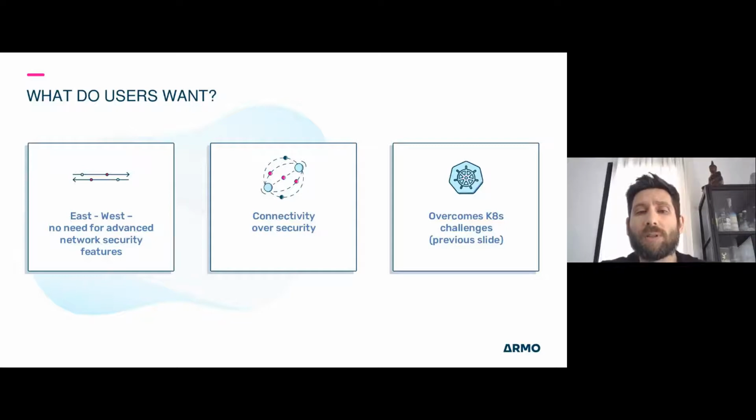Most of the customers prefer connectivity over security. So if it works, great. If it works and it is secure, fantastic. But if it doesn't work because of security, I'm not going to use it. And then come all the challenges of the constantly changing environment, being able to understand which pod created the traffic, etc.